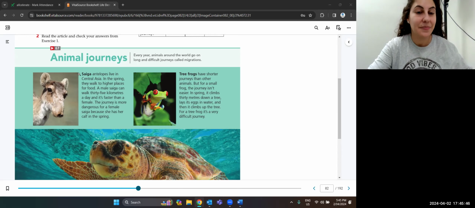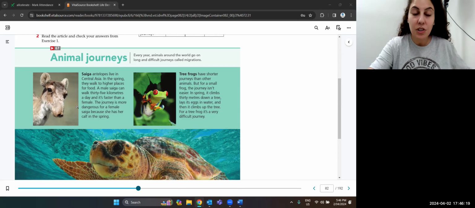Okay, the saiga. Saiga antelopes live in Central Asia. In the spring, they walk to higher places for food. A male saiga can walk 35 kilometers a day, and it's faster than a female.